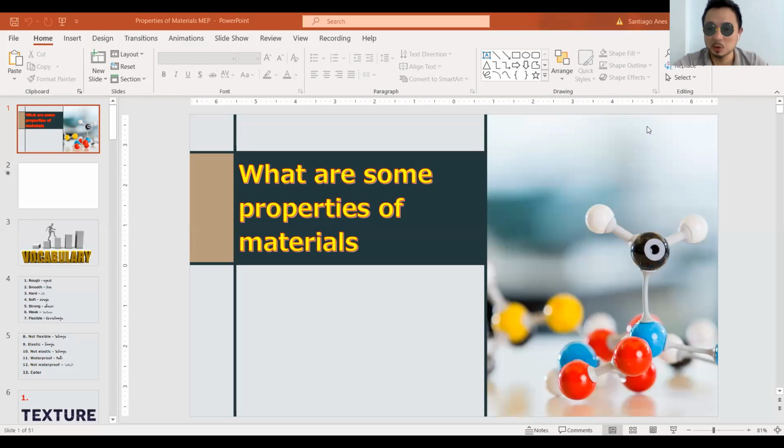All right, so we saw that those materials that I mentioned yesterday during our class are very important to each one of us, especially in our houses and daily activities. Glass is very important. Metal is very important.